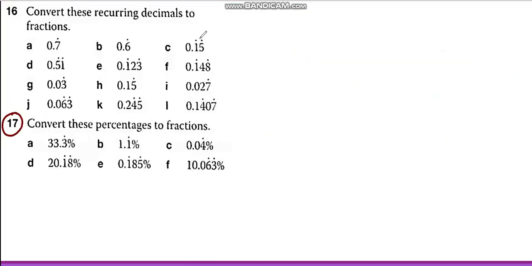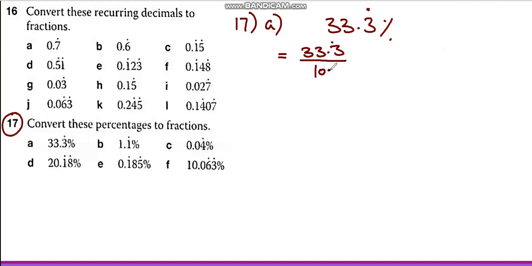Let's do question number 17. In question number 17, part A, we are given 33.3%, and here 3 is the recurring decimal. First of all, we know that instead of the percent symbol, we can divide the number by 100 to convert into a fraction. So we can write 33.3 with dot notation, and then divide it by 100.